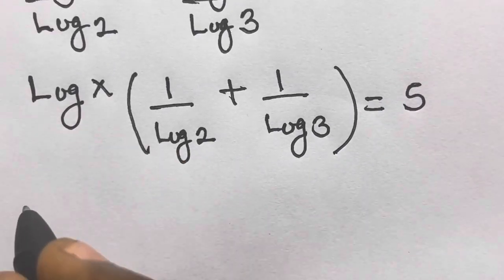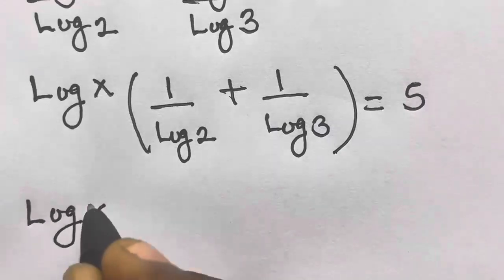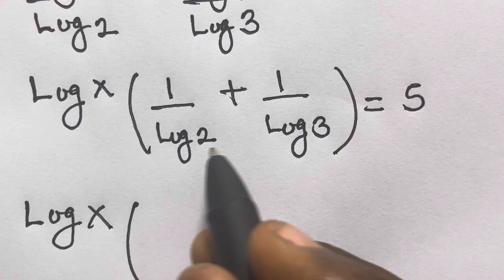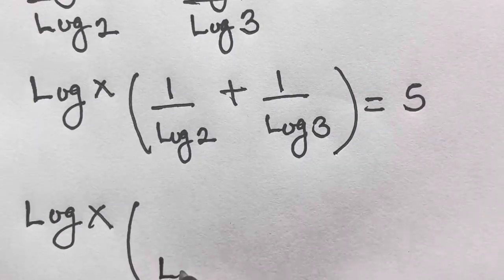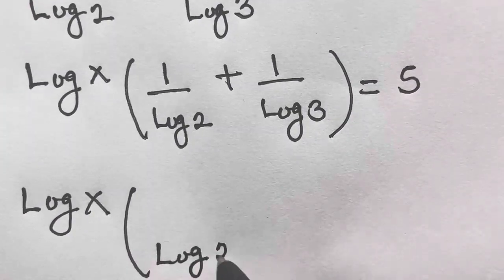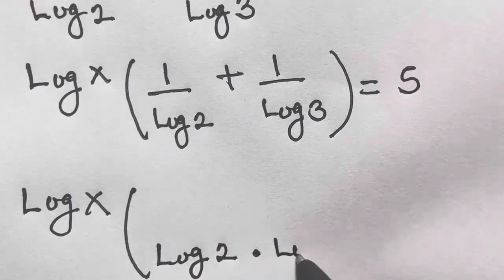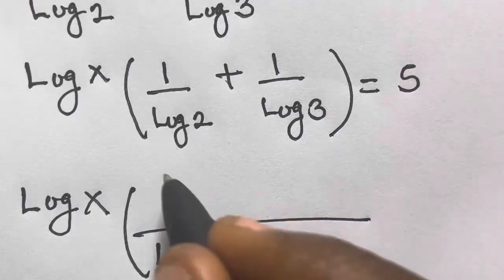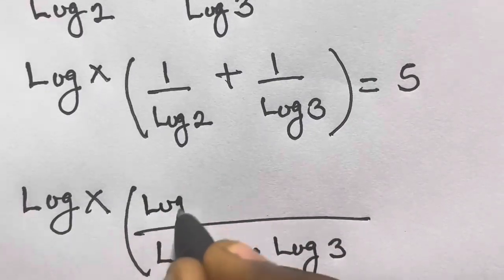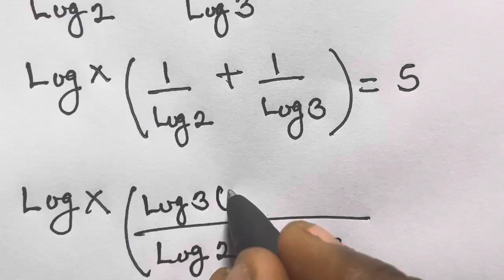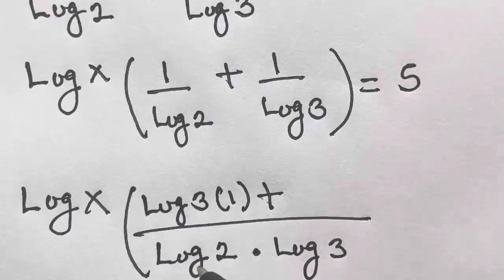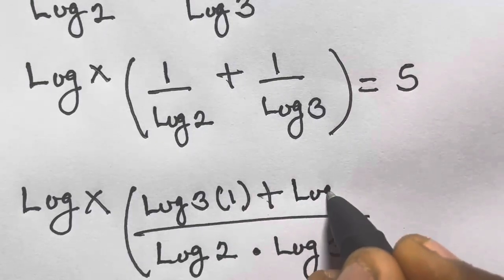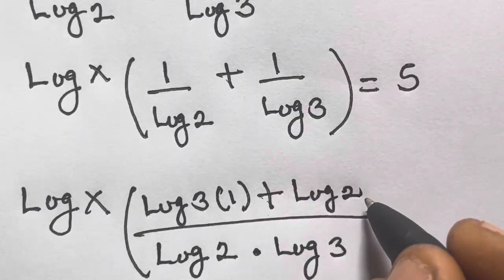So we'll have log x, and we have to find the LCM of log 2 and log 3, which is log 2 multiplied by log 3. So log 2 in log 2 times log 3, we will have log 3, then times 1, plus log 3 in log 2 times log 3, we will have log 2, then multiplied by 1.